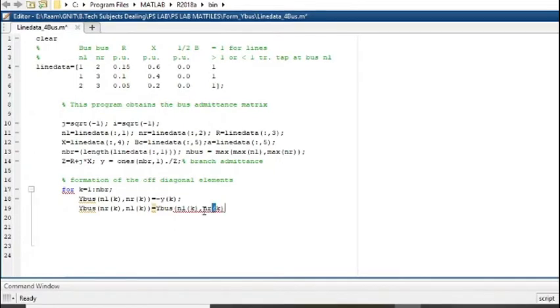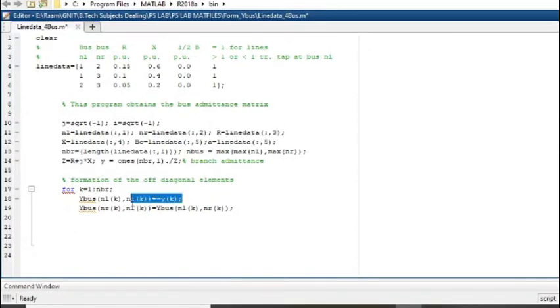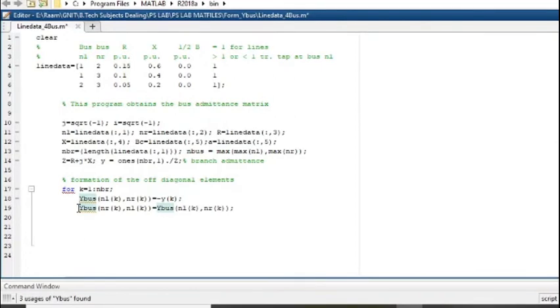So if you are calculating Y12 here, then it also gives Y21 equal to Y12. For that reason we have represented it here.